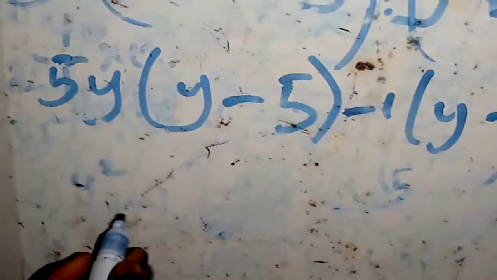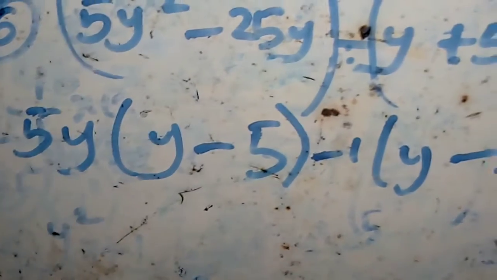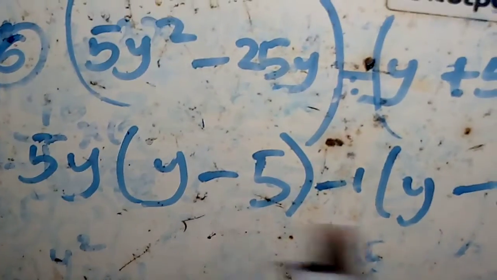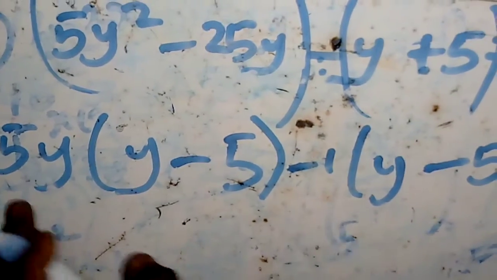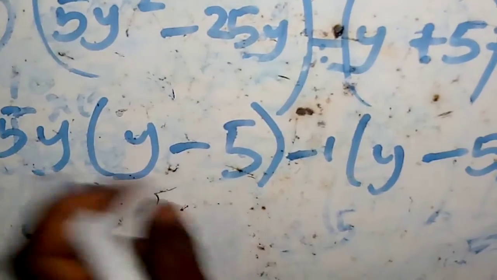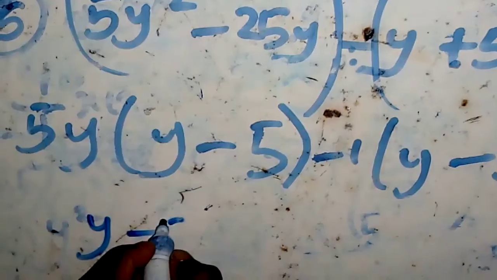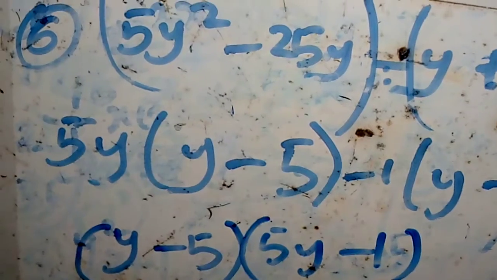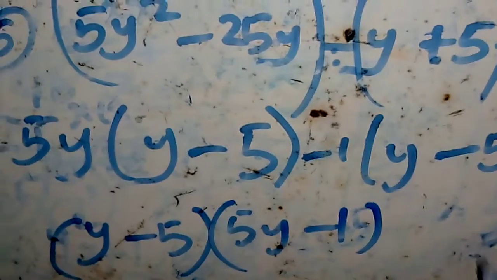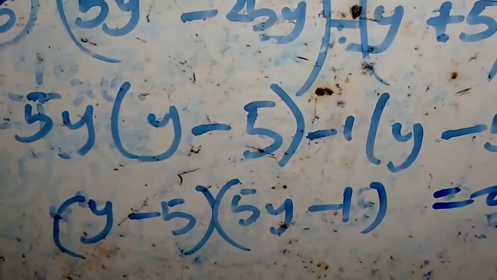So let's solve it. This is a quadratic equation. We pick one of these, the two outer ones: 5y minus 1 times y minus 5 equals 0.